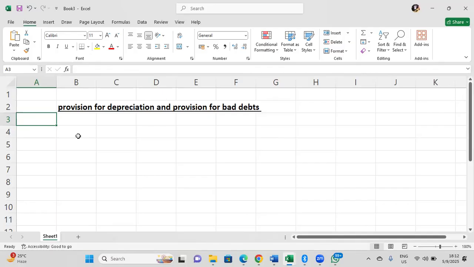Okay, let's proceed. Provision for depreciation and provision for bad debts. Let's start with the term depreciation, because we might have covered it before. You should know that if you acquire non-current assets, that is, assets that are in the business for a long period of time, their value does not always remain the same.